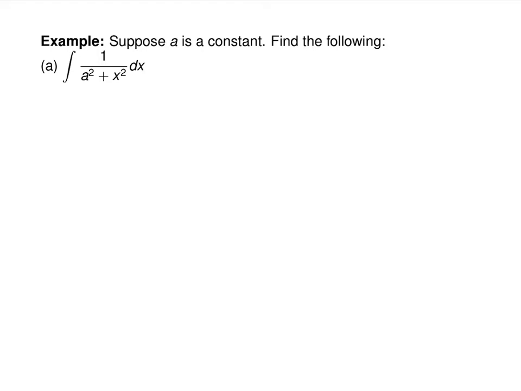We're going to use x equals a tan theta. So x equals a tangent of theta. And then don't forget dx. dx is equal to a secant squared theta d theta. Okay, and here we go.